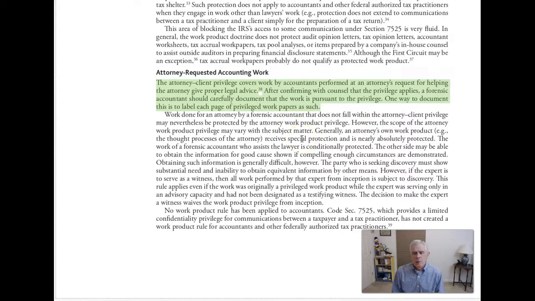Any work performed by accountants for the attorney, upon the attorney's request, could fall under the attorney-client privilege. I think it would have more of a tendency to do so if the forensic accountant is working as a consultant, as we talked about earlier, as opposed to an expert witness. Maybe some expert witness work might be able to fall under the attorney-client privilege, because remember, you're working for the attorney.